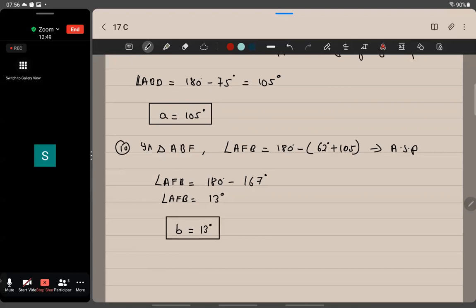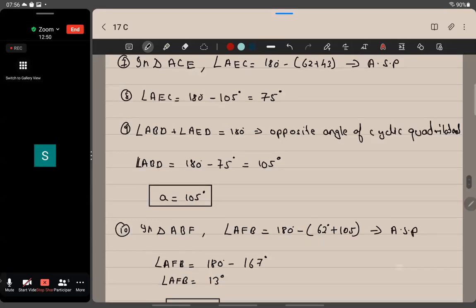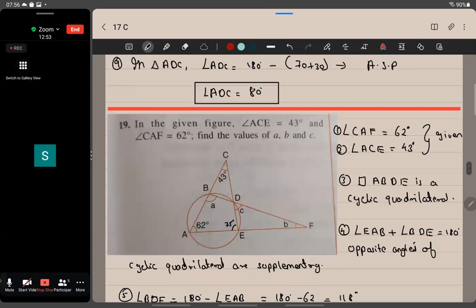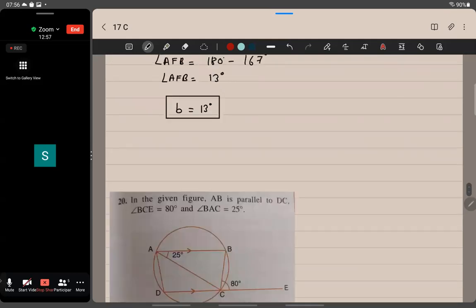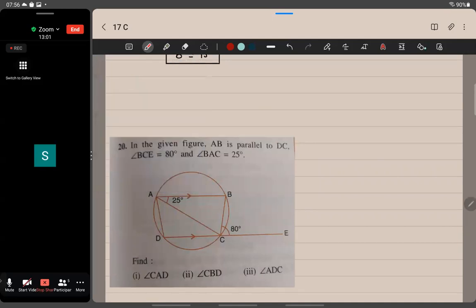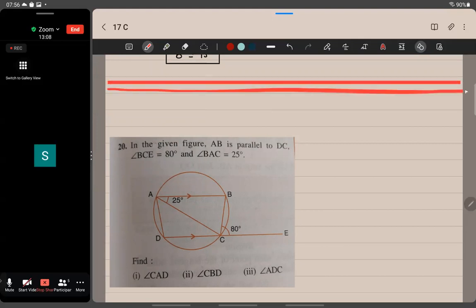Clear? Clear everyone? 19th one. Sir, I have school. I will leave at 8 o'clock.